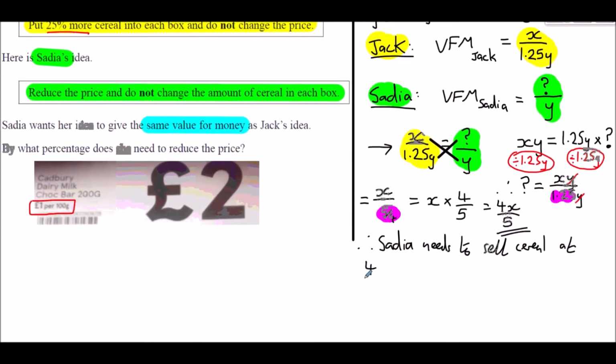At 4/5 of original price. So we're talking about percentage here though, and percentage change. So what's 4/5 as a percentage? Well, a percentage means out of 100. So 4/5 of 100 is 80%. So she needs to sell it at 80% of the original.